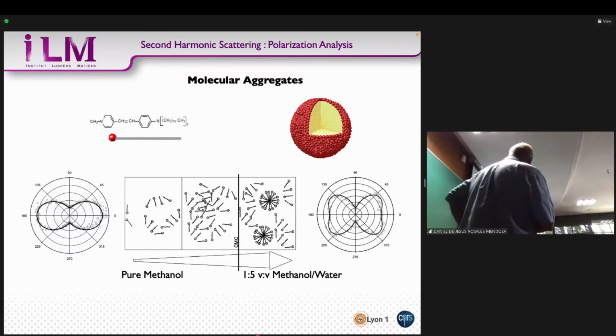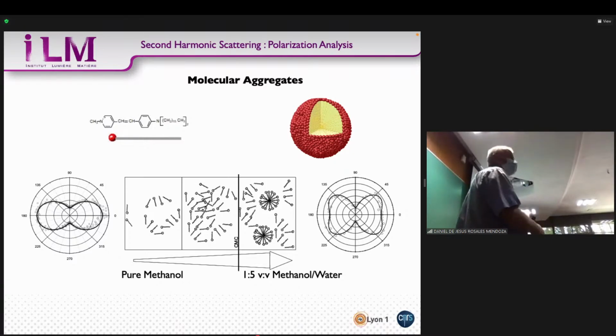Now what I'm going to do is add water. But as I add water, I form aggregates, aggregates of molecules. If I plot the response that I can expect from this structure, if I organize these molecules like this, remember, it's a kind of enforcing interaction between molecules.